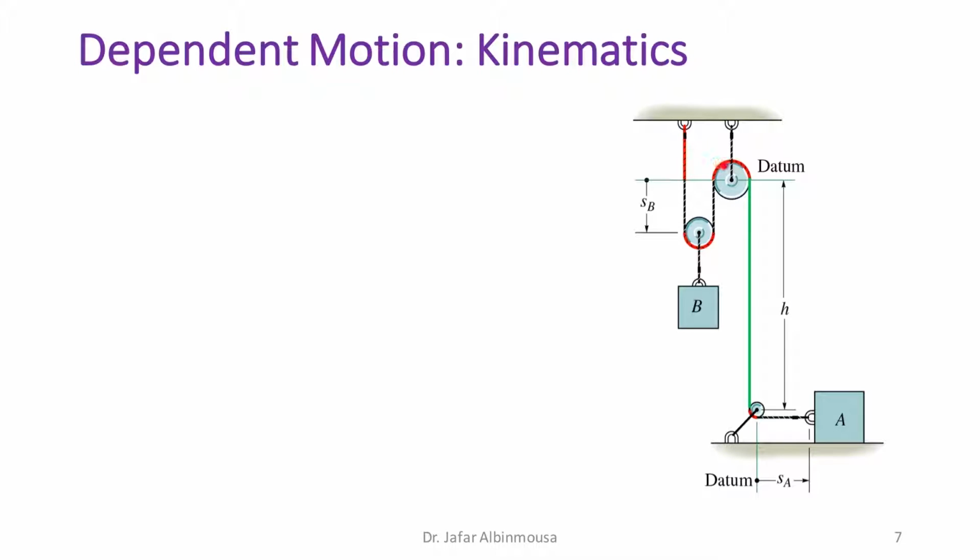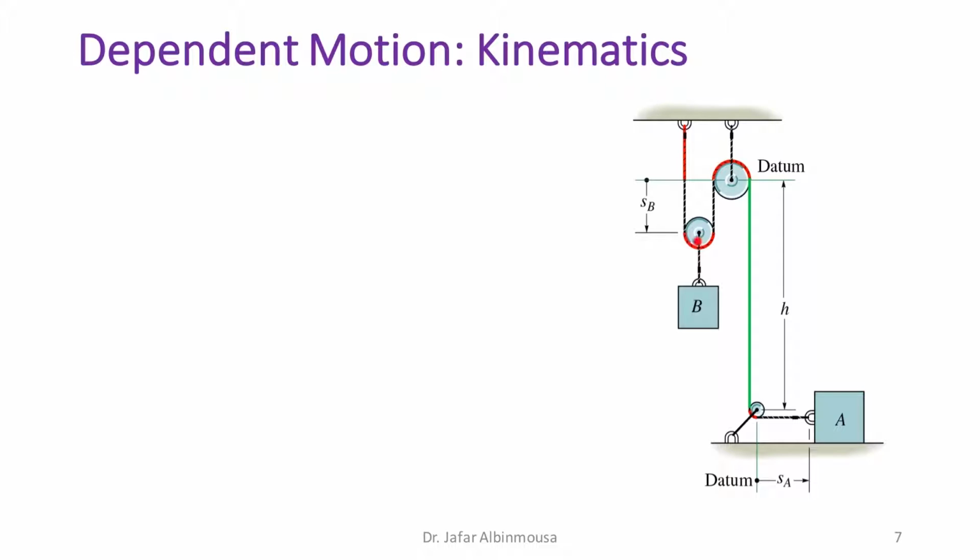Also, we marked this segment and this segment with red, because they simply don't change. They are always the same. And here we have this green segment, measured with the length called H, which is the distance from block A to the datum or this pulley.